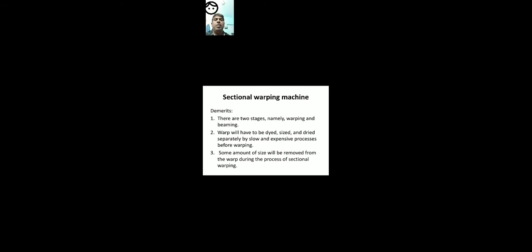Demerits. There are two stages, namely warping and beaming. Here, warping is done on the sectional warping drum, and then after that it is wound onto the beam. So this is known as warping and beaming.